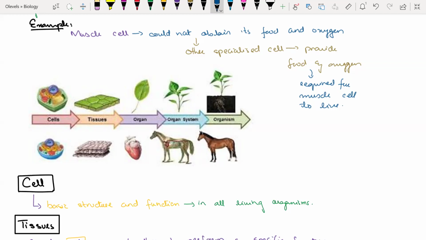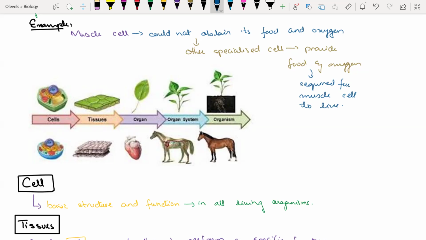For example, here you can see in the case of plants, we have several cells that combine to make tissues, organs, and organ systems. The same is the case for animals as well. We can have epithelial tissues, stomach tissues, muscle tissues, and they make an organ.